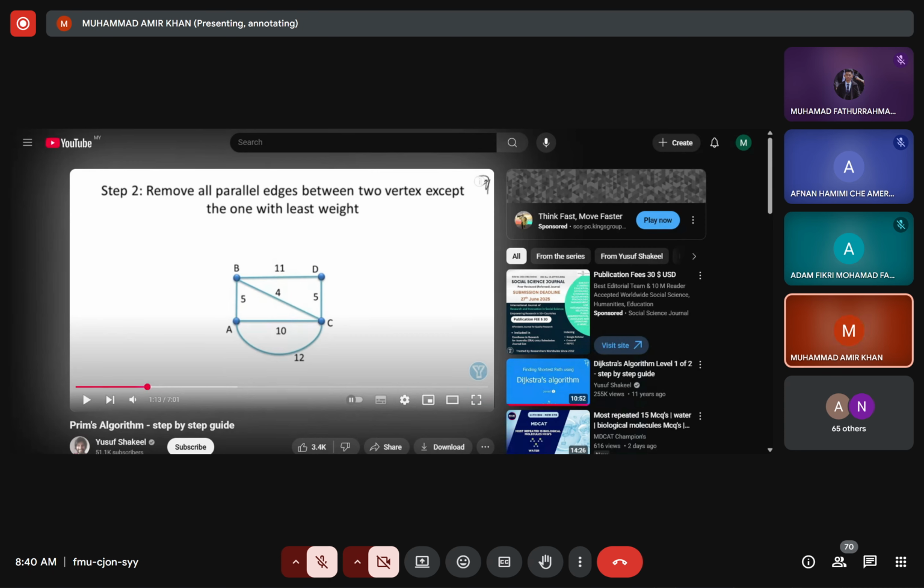Step number 2, remove all parallel or duplicate edges between 2 vertices except the one with the least weight. Where is the parallel edge in the graph?